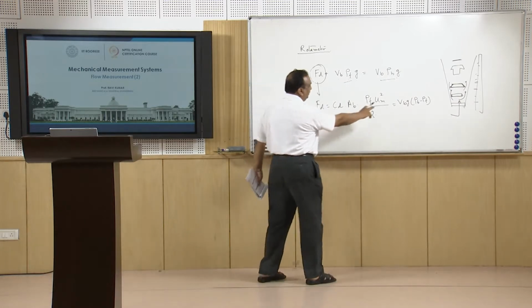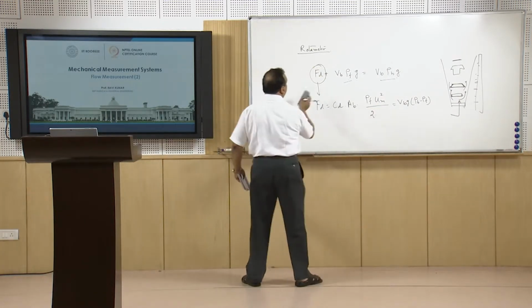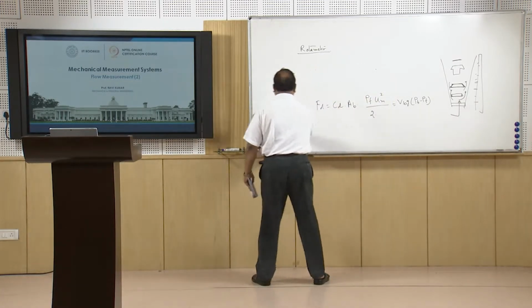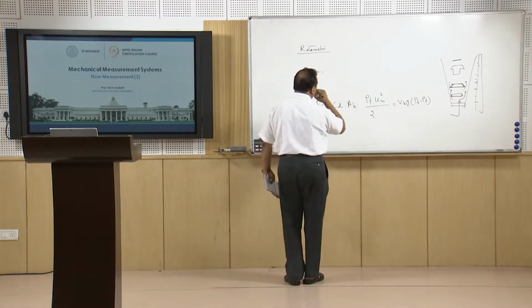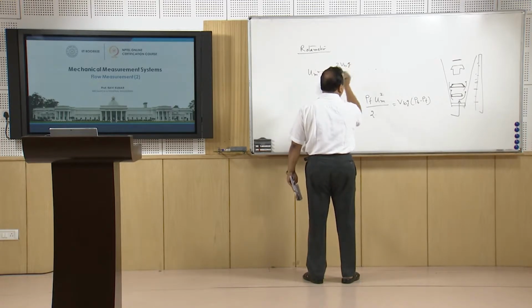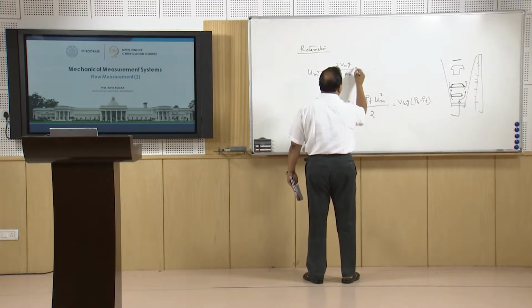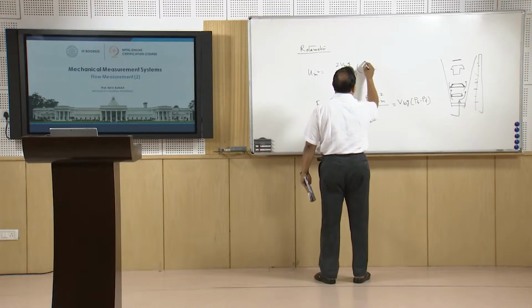So now here if you do the manipulation we will be getting Um squared is equal to 2 Vb g by Cd Ab, times rho b by rho f minus 1.